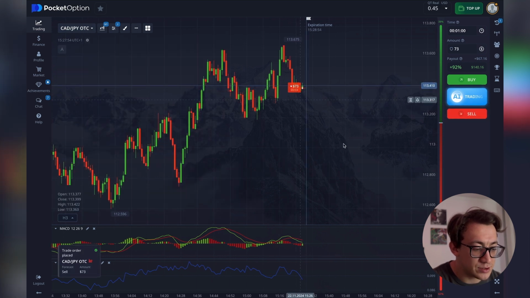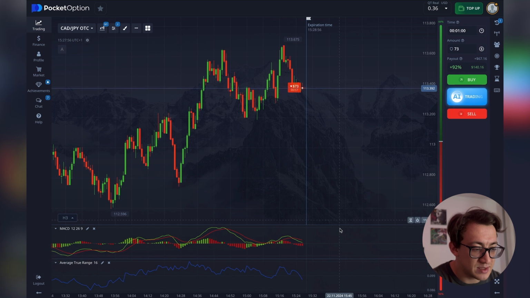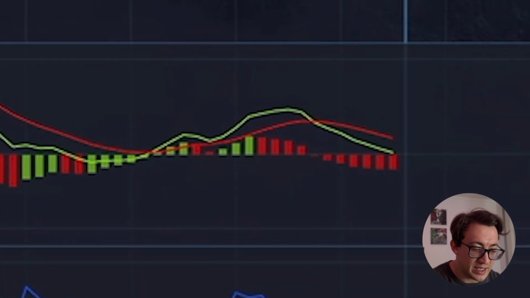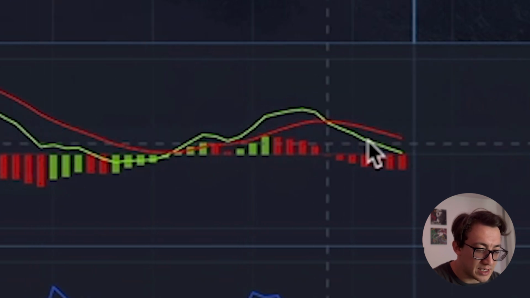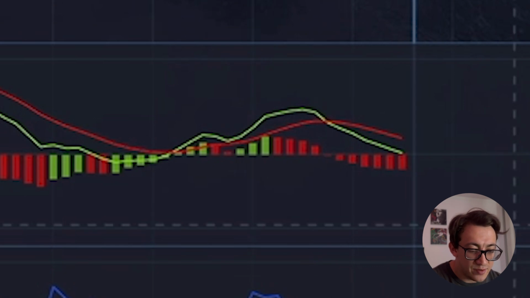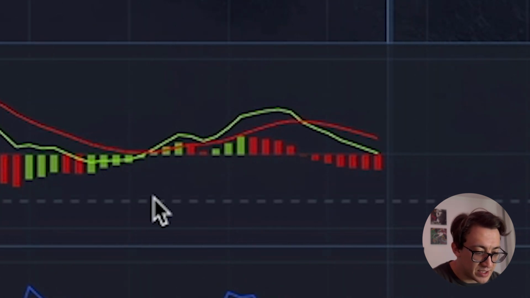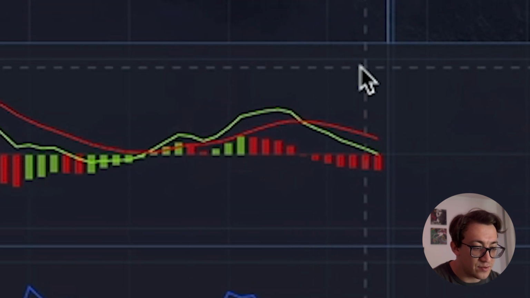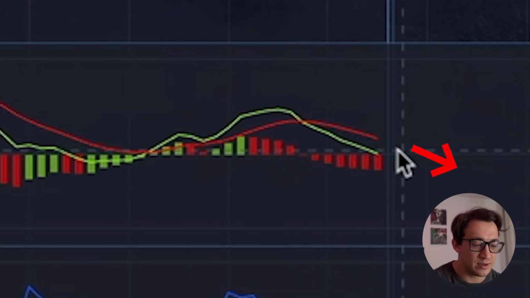And so we entered the down position, and let me explain everything in detail, guys. First we're watching the MACD indicator, and that indicator shows us the two lines intersecting each other and directed to the down position.